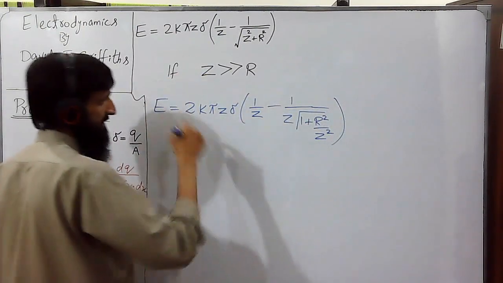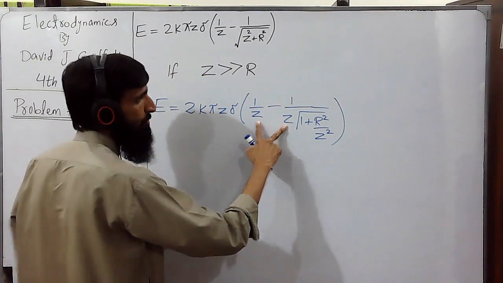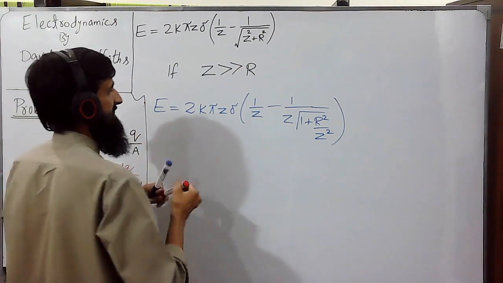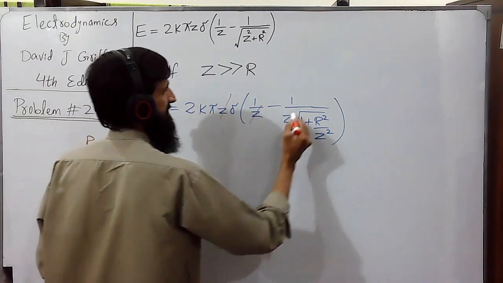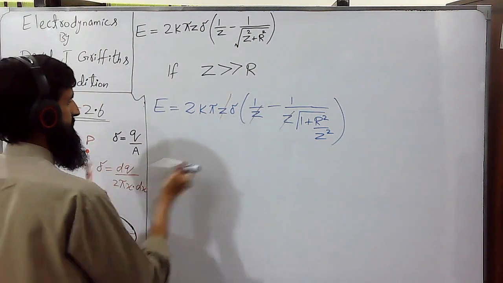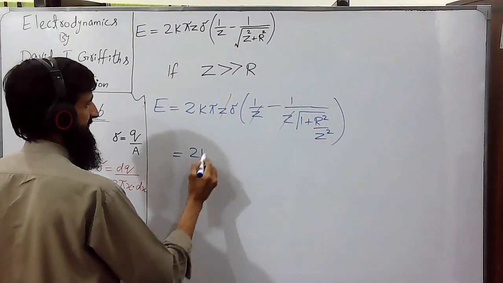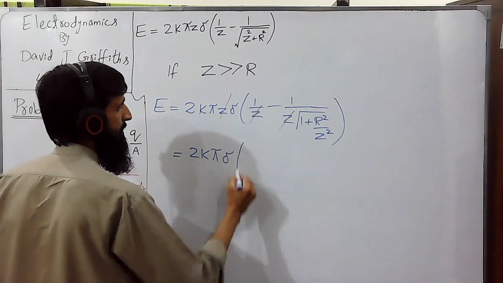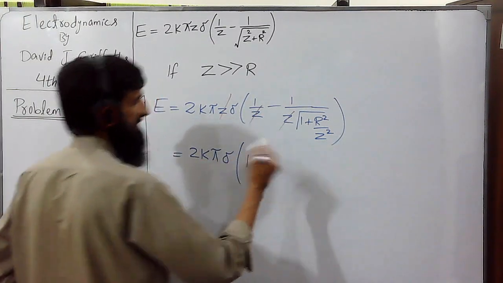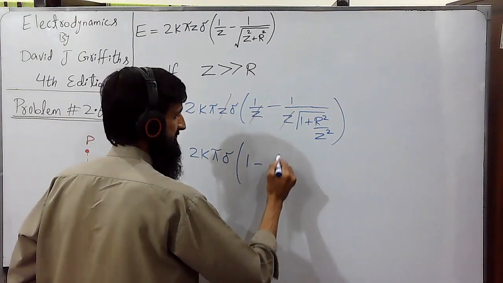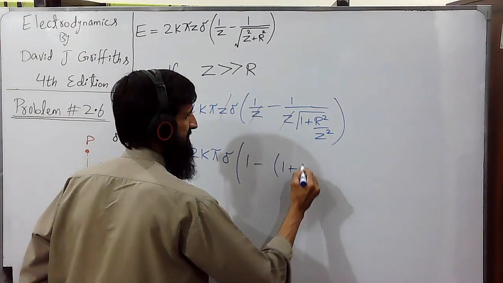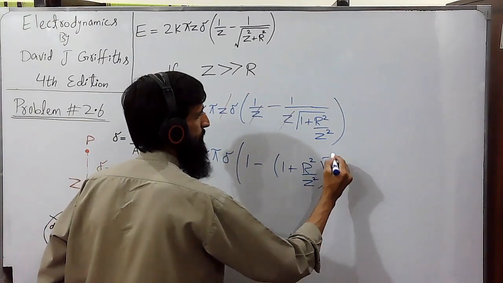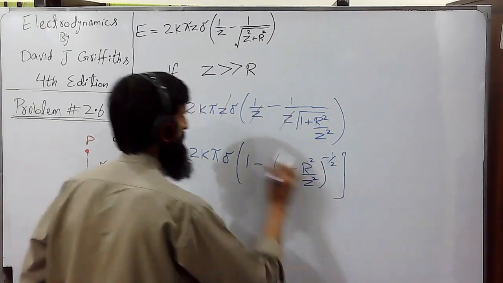Now by taking this z common from the denominator and then cancelling it out with this z, in the next step it becomes 2k pi sigma 1 minus (1 plus r square plus z square) whole power minus 1 by 2.